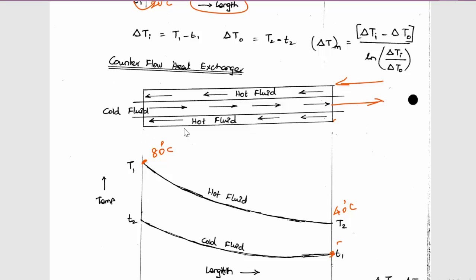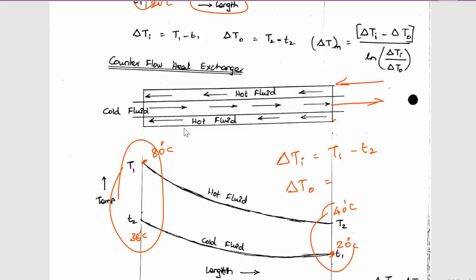Here the cold fluid temperature is 20 degrees Celsius and at the exit it is 38 degrees Celsius, right? So now in the entry region del Ti equal to T1 minus t2. Similarly, del T at exit equal to capital T2 minus small t1. So now del T LM equal to del Ti minus del T naught divided by ln of del Ti divided by del T naught.